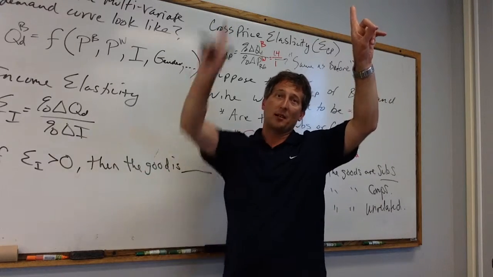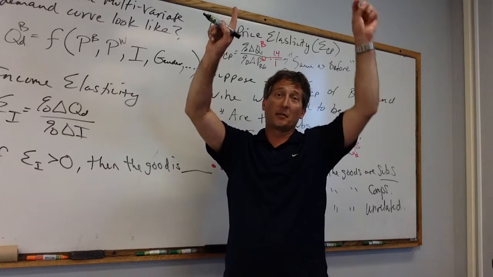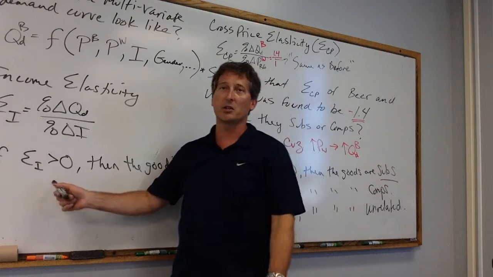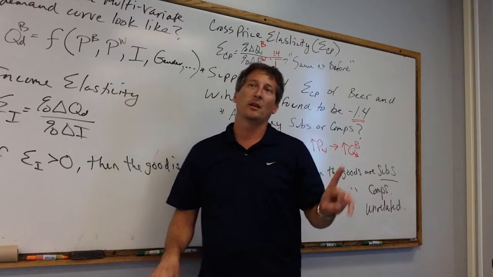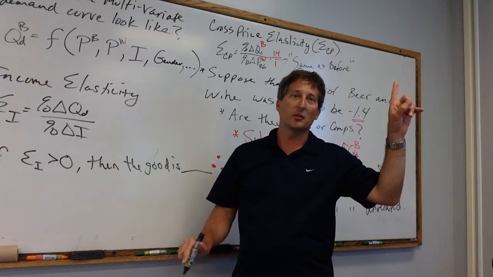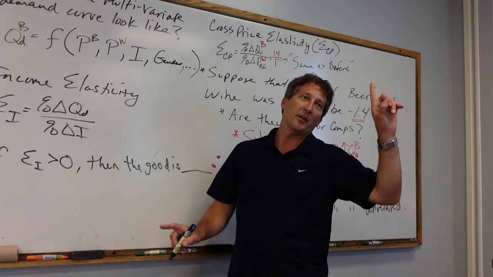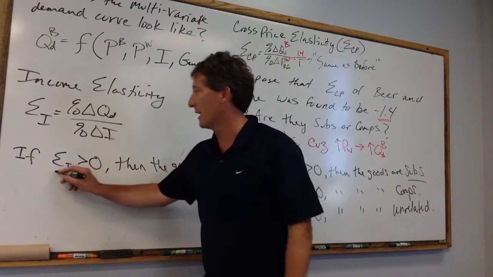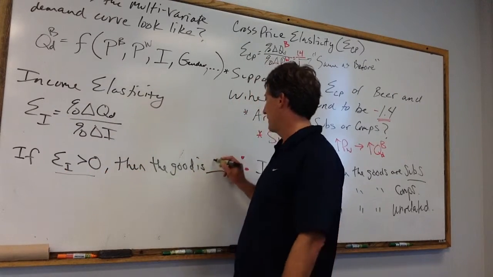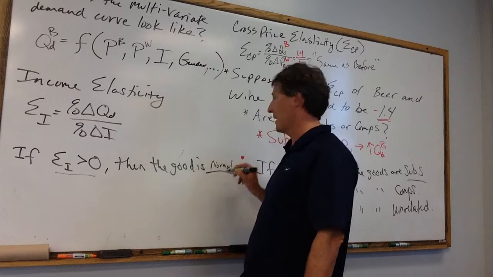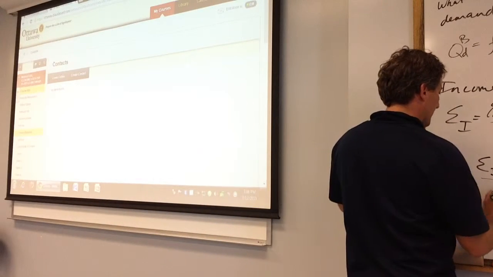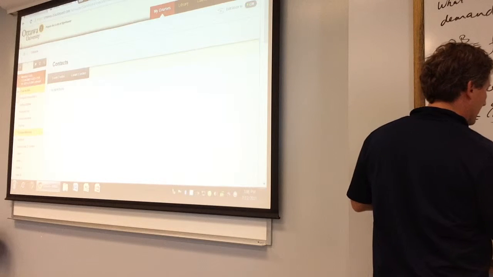Income goes up, we sell more. Income goes down, by the way, we sell less. So there's a positive relationship between the two variables. It's in your notes from an hour and a half ago. Normal good. So if the income elasticity is greater than 0, that good is a normal good. Now we're tying it right back to those demand shifters that we started off with at the beginning of the hour. If it's less than 0, we have one of those ramen noodle goods. What did we call those? Inferior good.